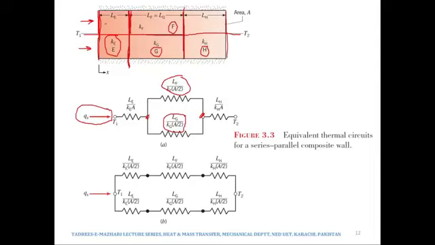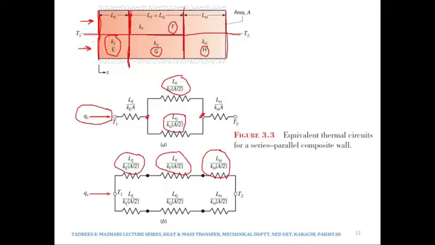In the upper portion it is A by 2 throughout, and in the lower portion it is A by 2 throughout. So in the upper portion the heat will flow from E into F and then into H, and the three would be connected in series. Whereas, is this all the heat?